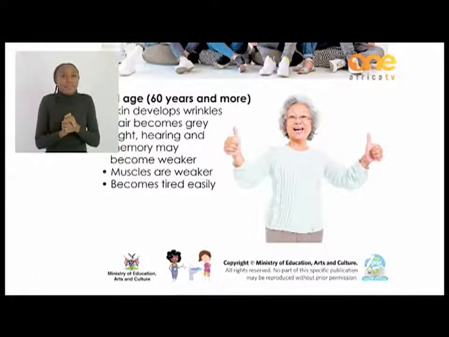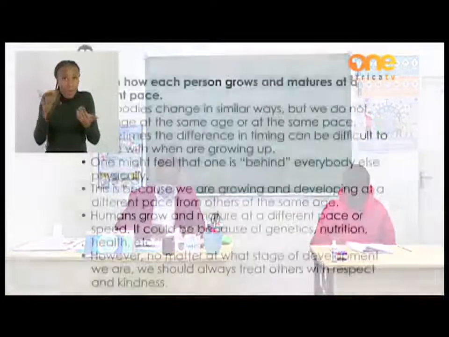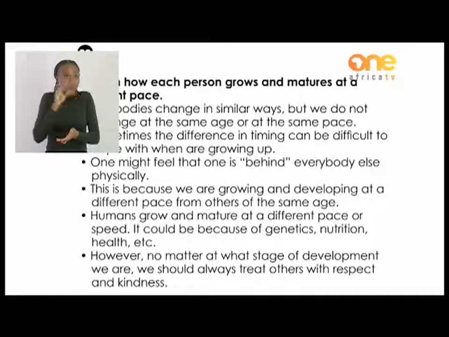Bear with me. We are moving to page 20. On page 20, we are stepping a little bit further when we look at how everybody grows and matures at a different pace. We have looked at the stages of life, but it doesn't mean that all of us have to reach those stages at the same time, even if you were born on the same day.